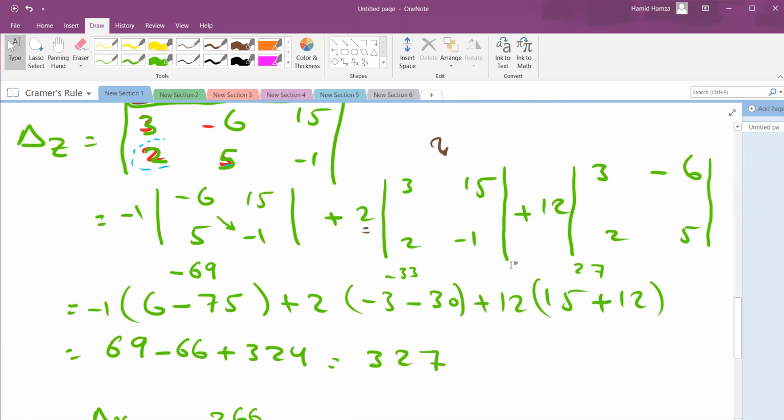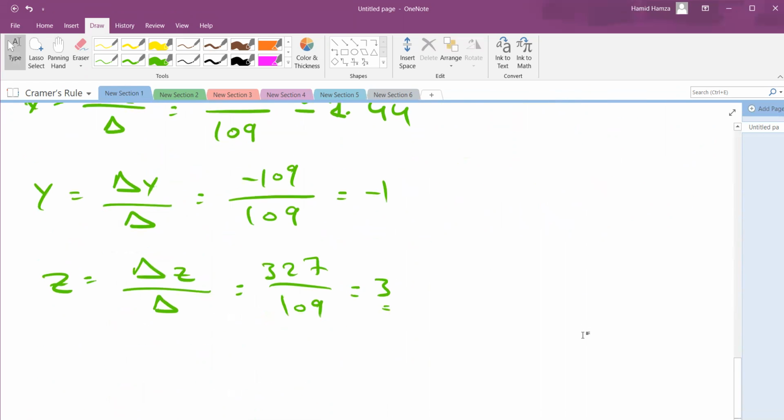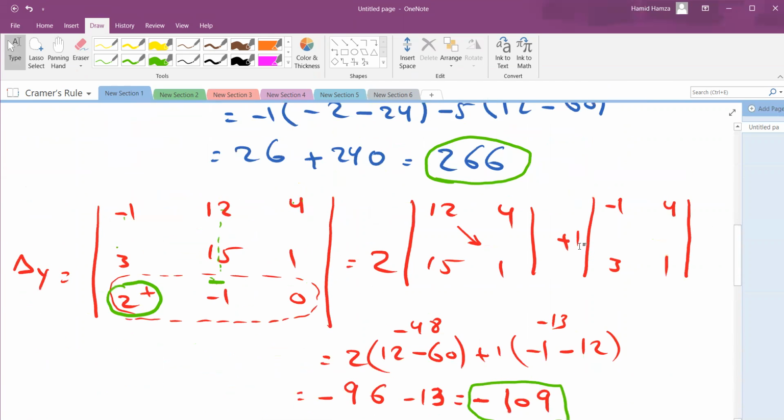Okay. Also, you can use your calculator to find the value of the determinant of any matrix, because it takes time. So in the next one, I want to show you how to use your calculator to find the value of the determinant directly.